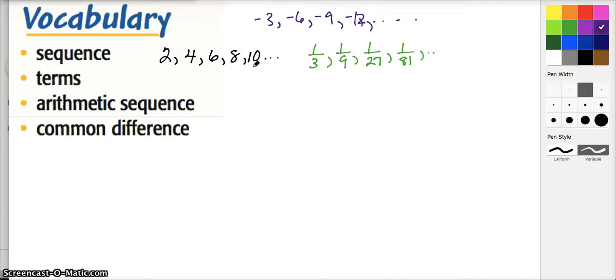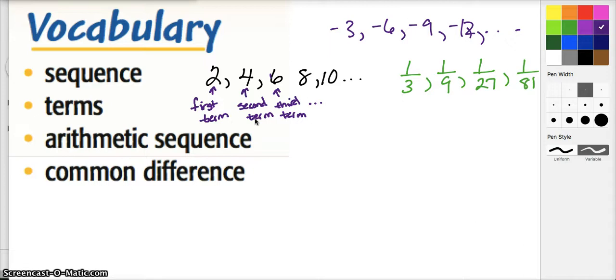Sequences usually start off with a number, and they have terms. For instance, this sequence might be referred to as having a first term, second term, third term, fourth term, and fifth term.